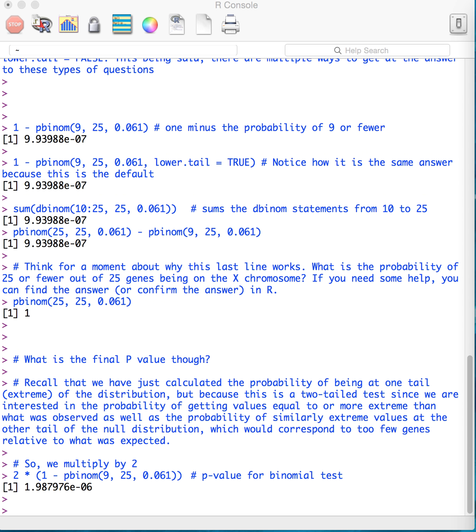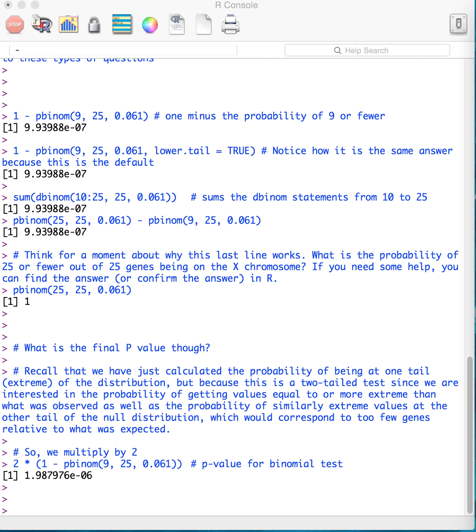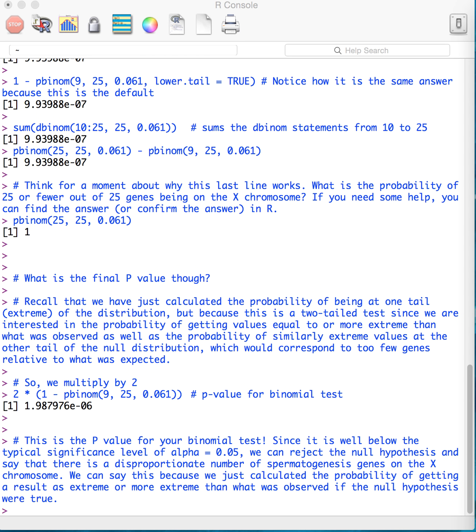So how does this actually work? Well, this is the p-value for the binomial test, and at 1.99 times 10 to the negative 6, it's well below the typical significance level, or alpha, of 0.05. So we can reject the null hypothesis, and we can say that there is in fact a disproportionate number of spermatogenesis genes on the X chromosome.